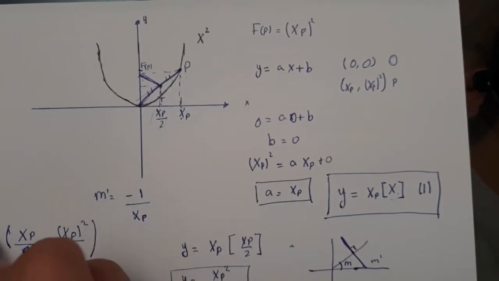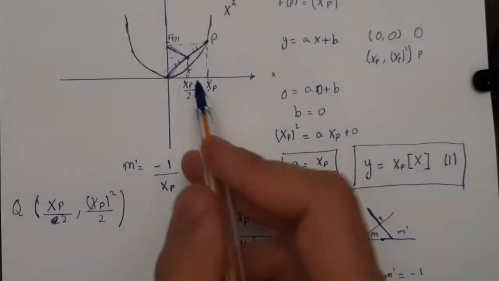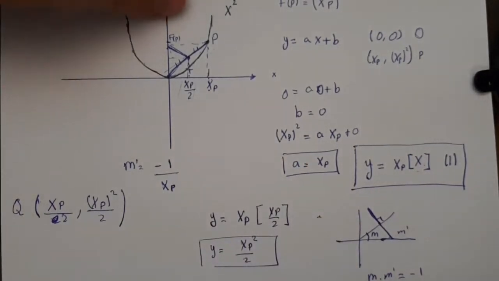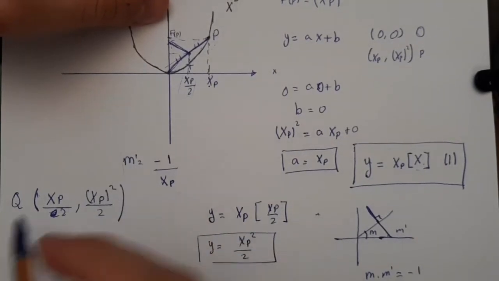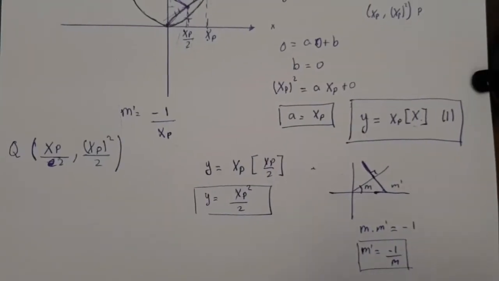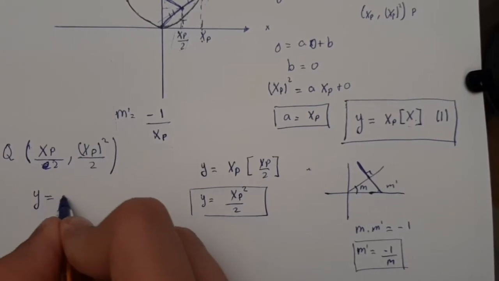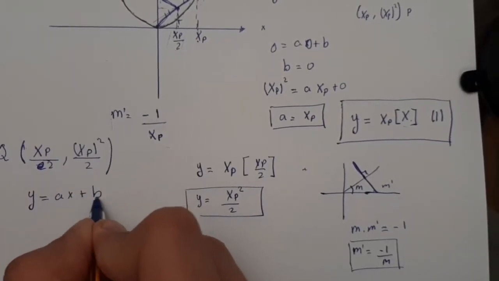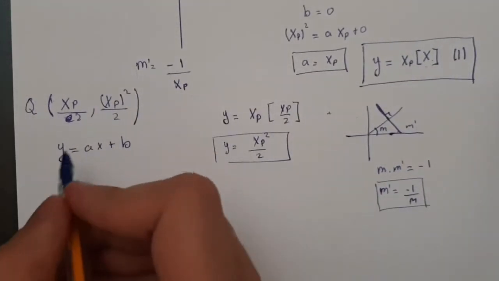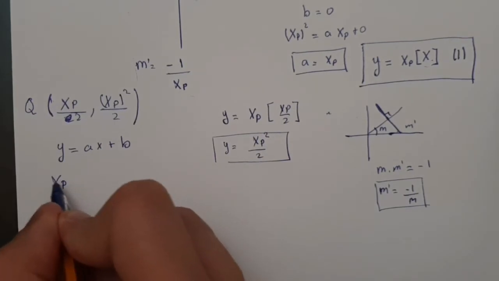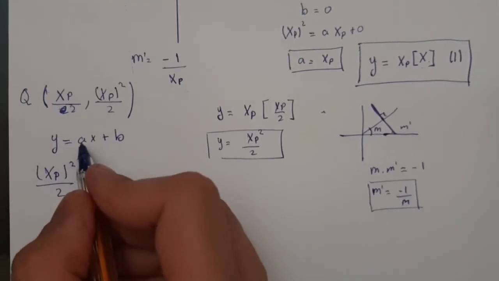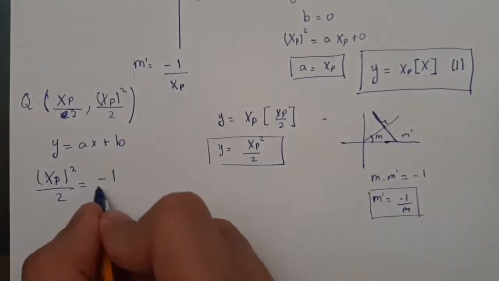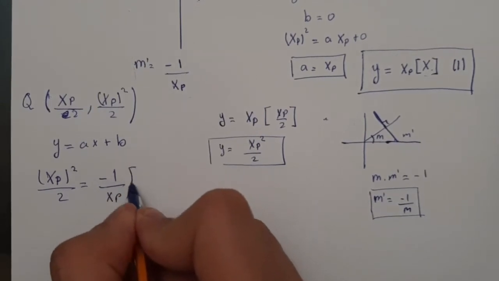So this point over here is part of both our lines. Now we have the linear coefficient and this point, so what can we do? Well, use the formula for a line, y is equal to ax plus b. Our y coordinate is xp squared divided by 2, which is equal to our a. But our a is -1 divided by xp multiplied by some x.